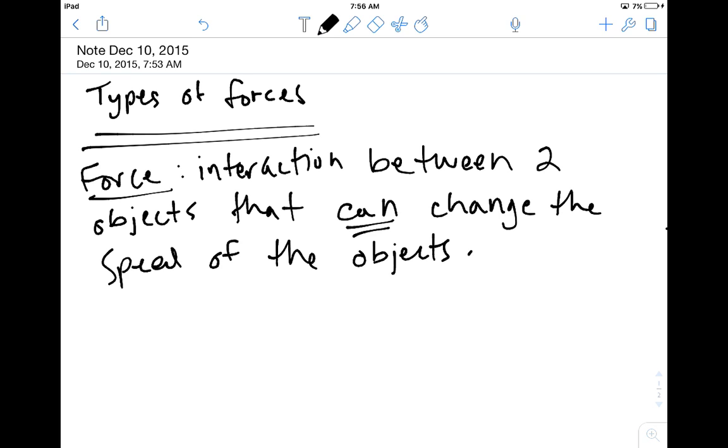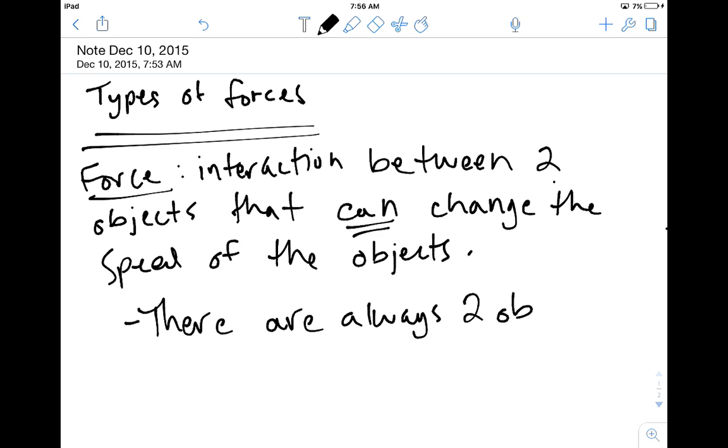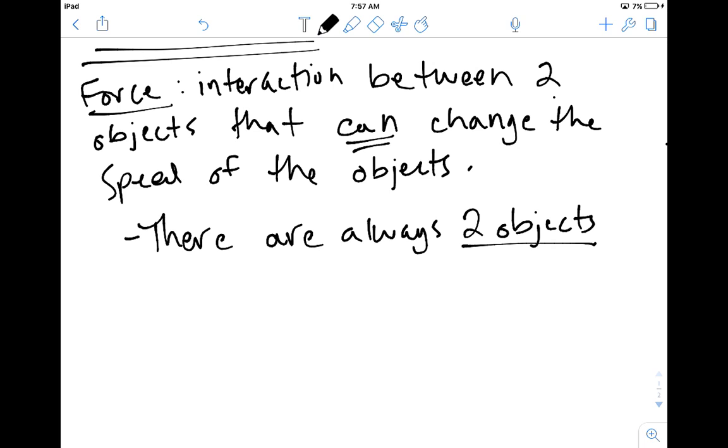Remember that there are always two objects. We're going to name those two objects now. One of the objects is going to be called the agent.